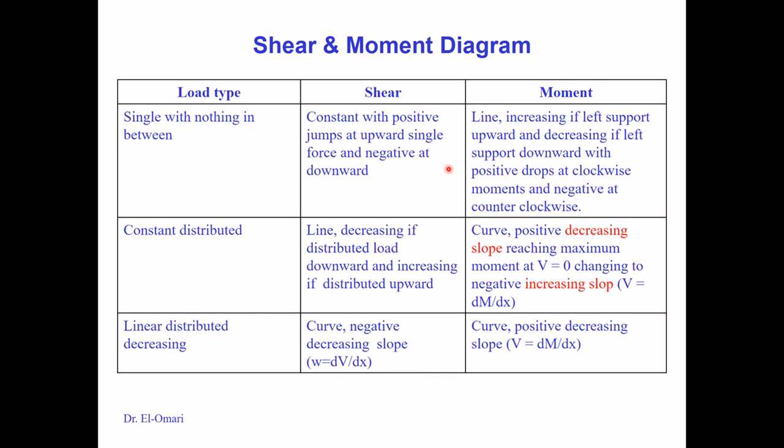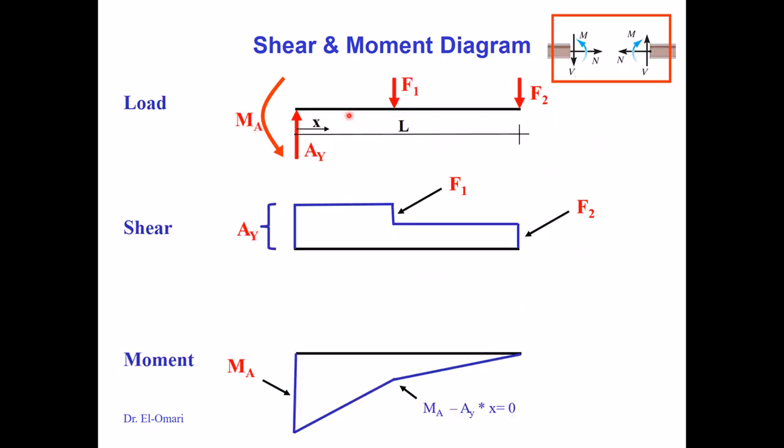You can review this, and then you have the line. The shape of that is just a line increasing if the left support is upward, and decreasing if the left support is downward. So if you look back here, if the left support is upward, then the line is increasing, from negative to positive.